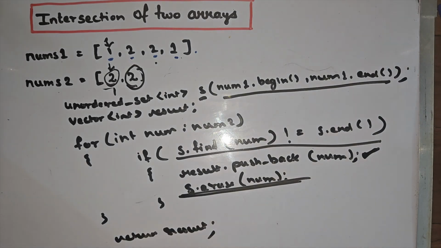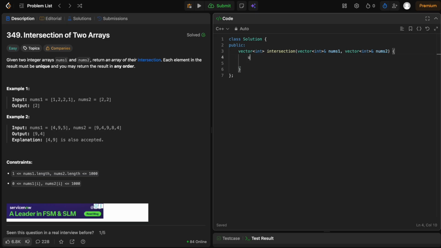In this solution we have used hashing. Now let's code this solution. So we will have an unordered_set. This will store int variables, and let's name this set S. Let's initialize this set here only. So what we want in this set is all elements of nums1.